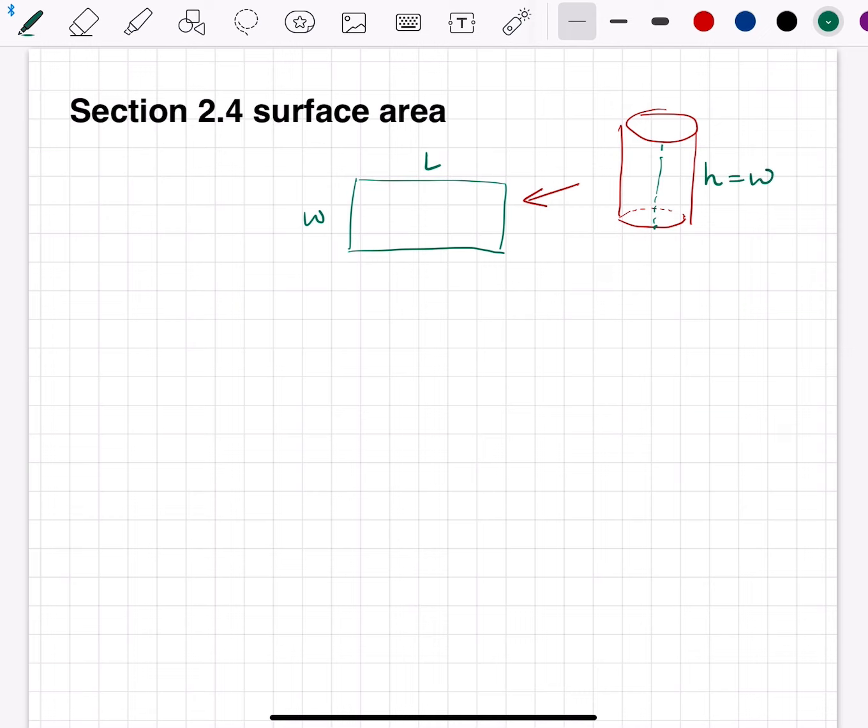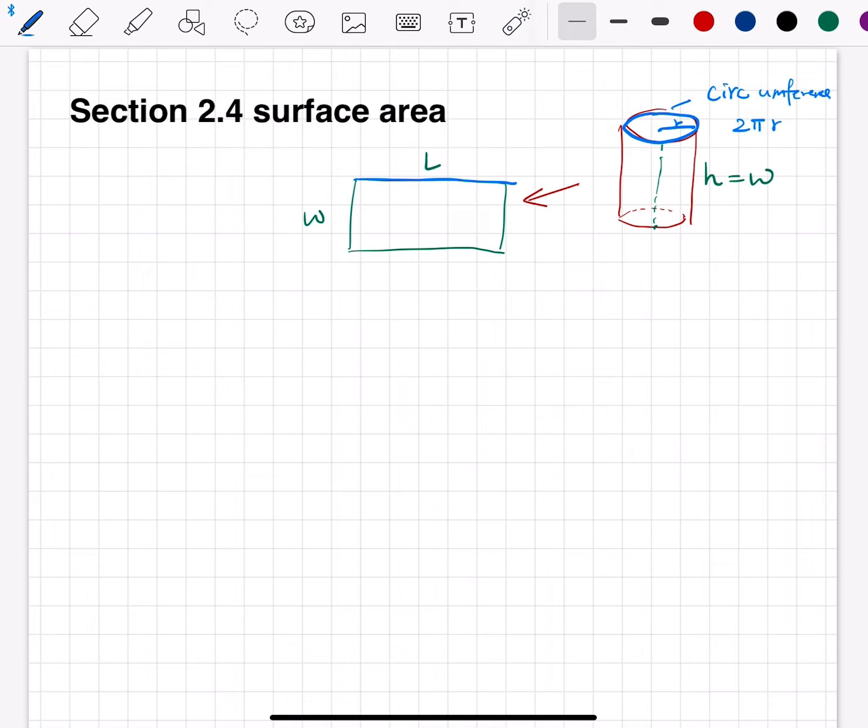Now the length corresponds to this piece, which is the circumference. So the circumference is going to be 2 pi r, where r is this piece.